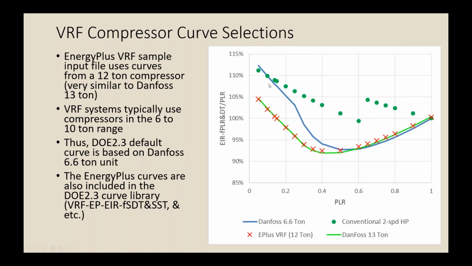So for the DOE-2.3 release, we chose this 6.6-ton compressor from Danfoss as the default. The EnergyPlus curves are still included in the DOE-2.3 library, so if a user wanted to use those other curves, it's relatively straightforward just by referencing the other curves in the definition of the condensing unit.